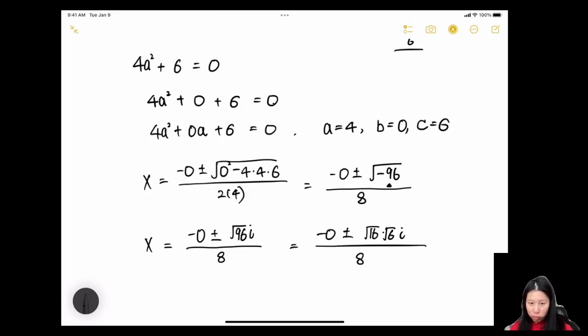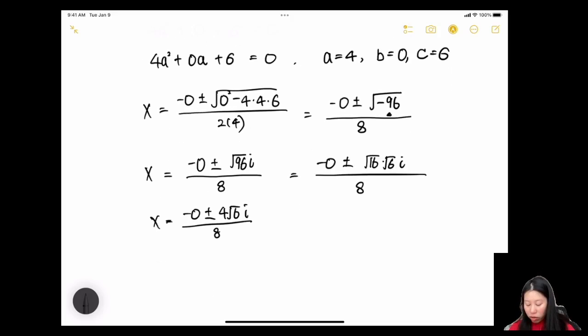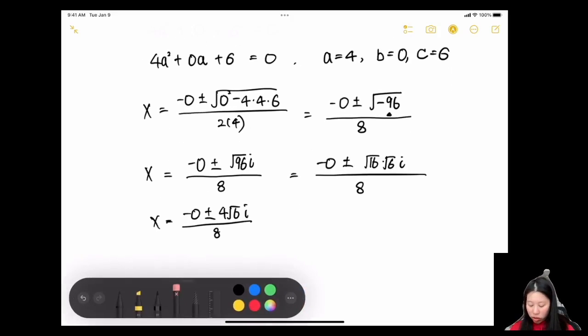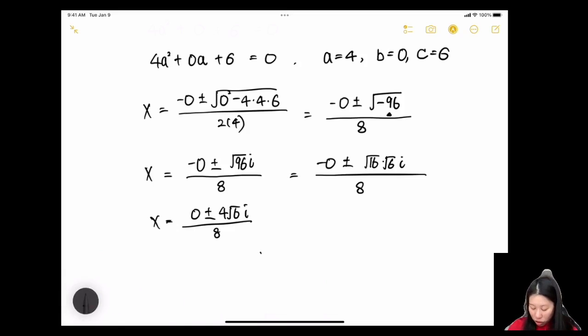So x equals negative 0, plus or minus 4 times the square root of 6 times i, over 8. Negative 0 is 0, so we don't need to worry about that. So 0 plus or minus 4 times the square root of 6i, over 8. This is equal to what?